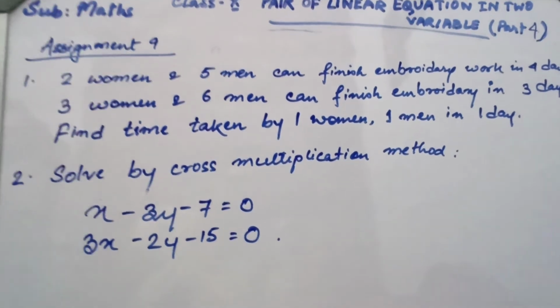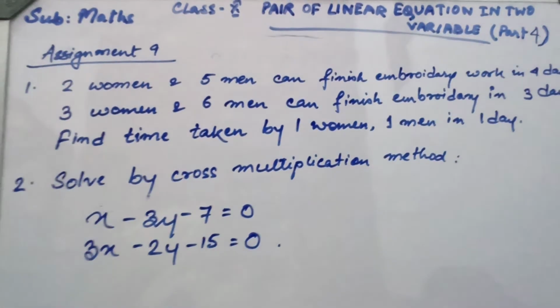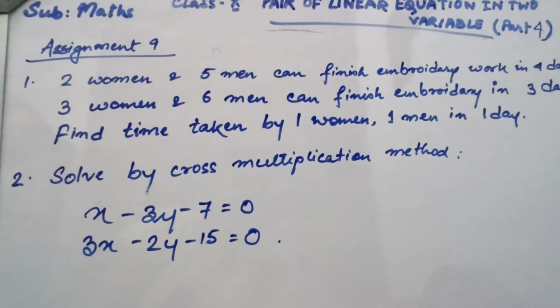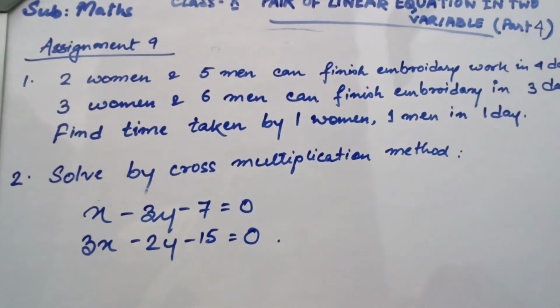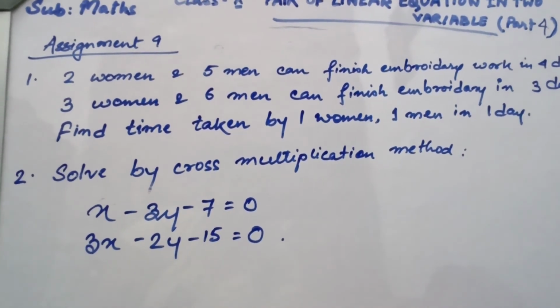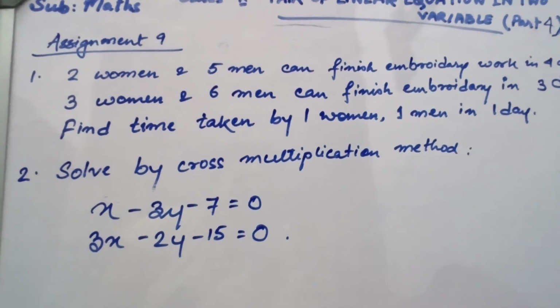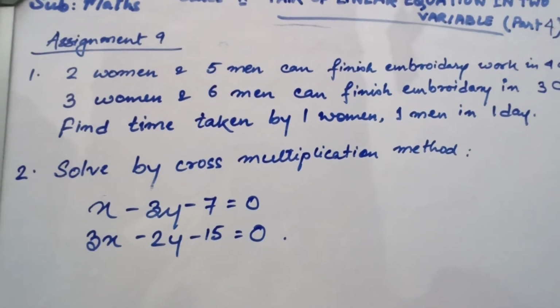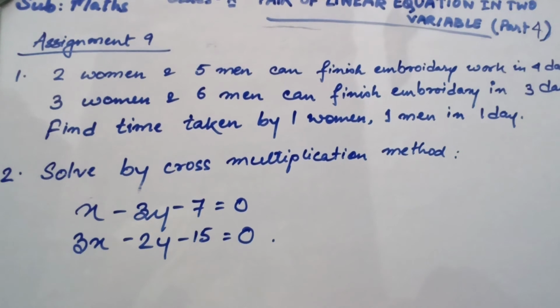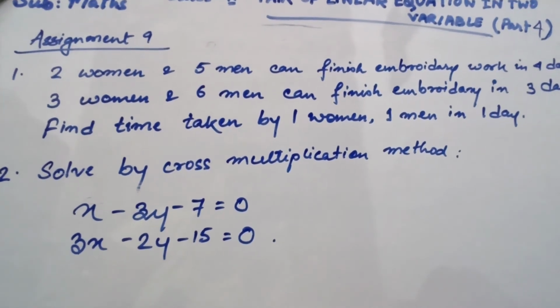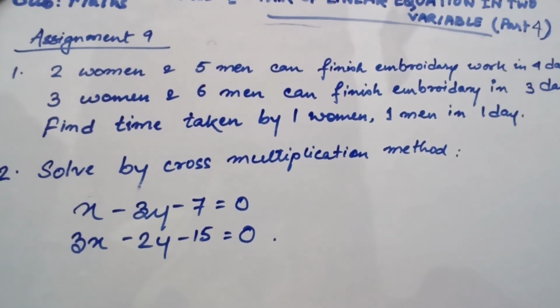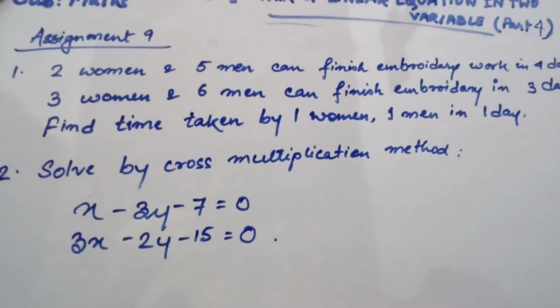Okay, now it is given for 4 days. You have to find the time taken for 1 day, which means you have to reciprocate it for 4 days. 2 women can do a work in 4 days, so for 1 day how many women can do a work?